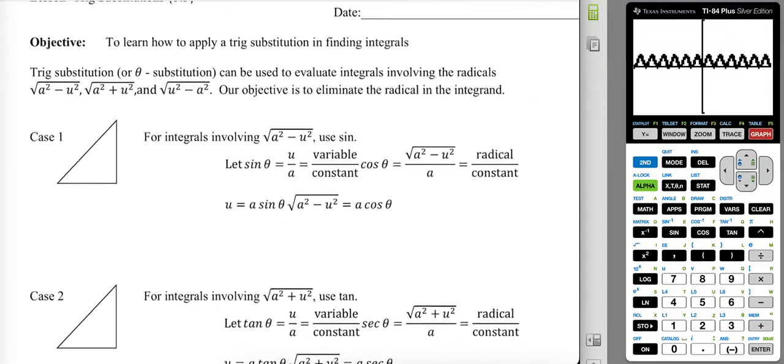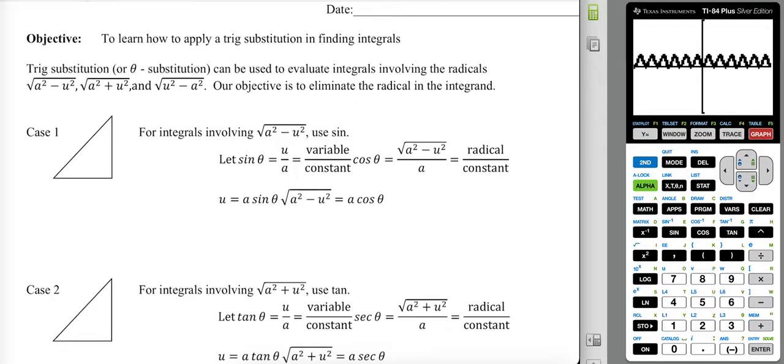The first one involves letting sine of theta equal u over a. We can pare this down substantially by saying that we're going to define an expression u and another expression a, where u is the variable component of your given integral, and a is some constant component.